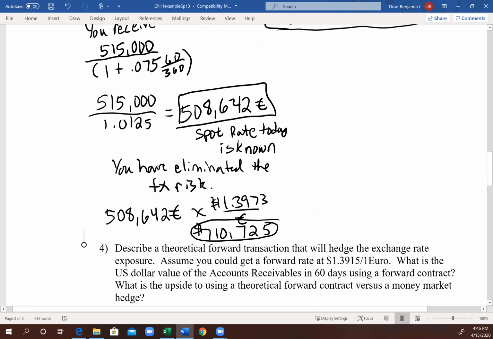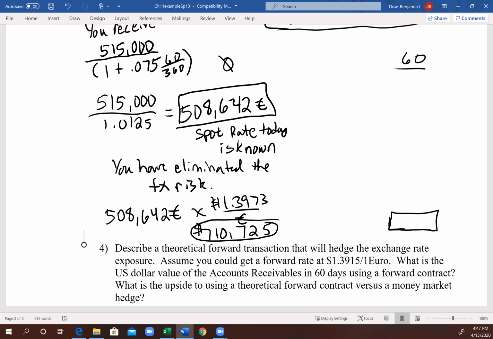But one of the problems is this is day 0. And we really want to compare our hedge to an unhedged position.